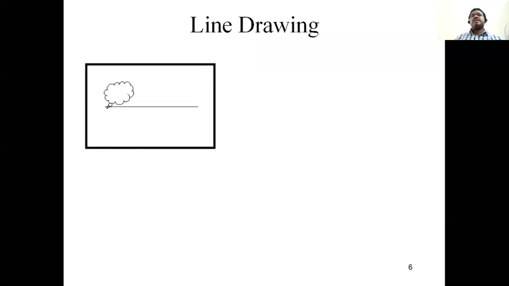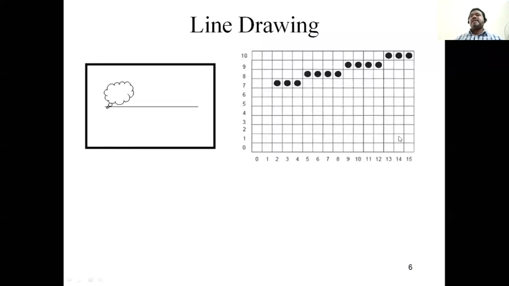Here is an example: you see 0 to 15, so you have 16 columns and 11 rows. Each cell is a pixel. How many pixels will you have? You have to multiply: 16 into 11 will be the size or resolution of this screen.